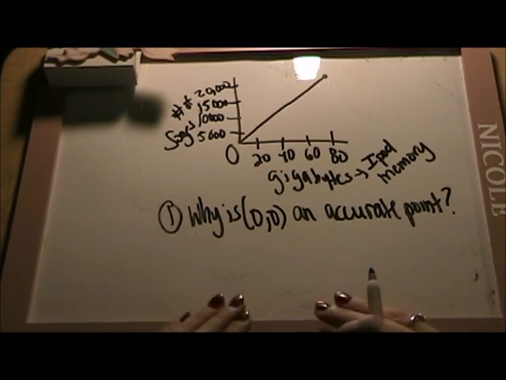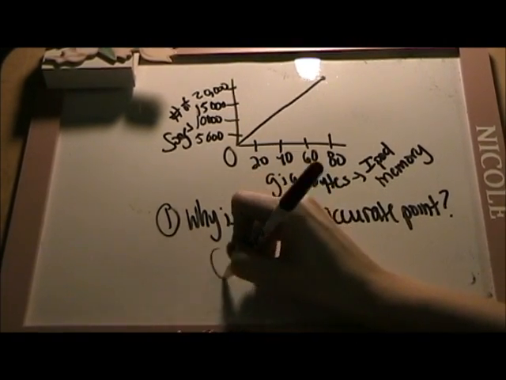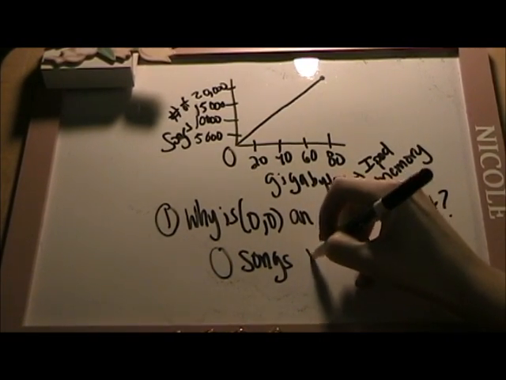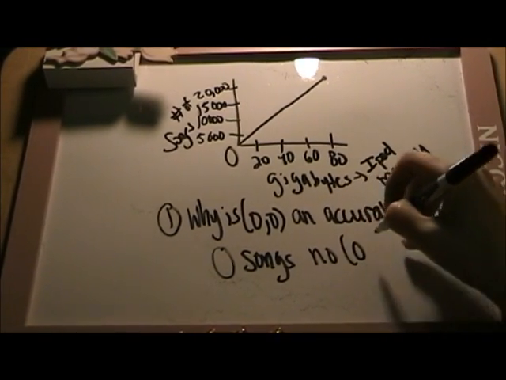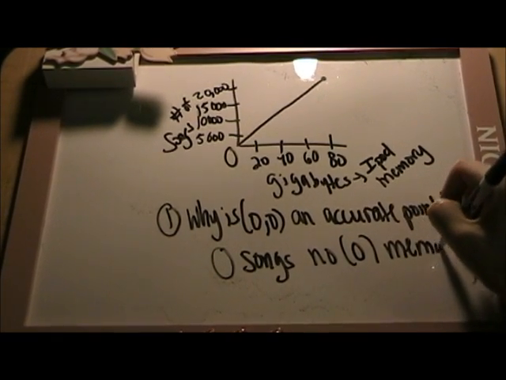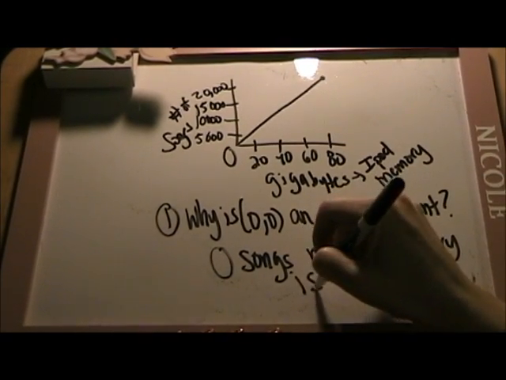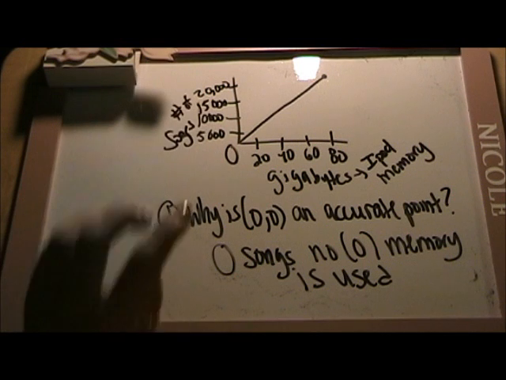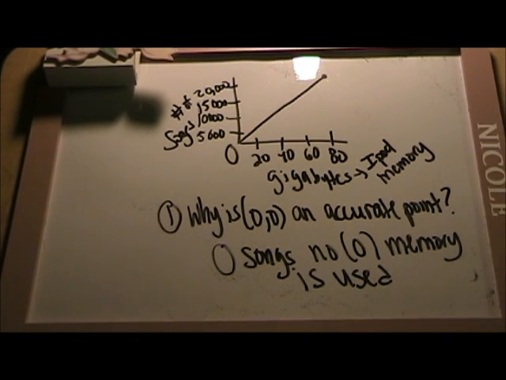We can say 0, 0 is an accurate point because 0 songs means no or 0 memory is used. So 0, 0 does exist in this type of problem. If we have 0 songs on our iPod, it wouldn't be taking up any gigabytes. As we add songs, then it takes up gigabytes. So that is why we're increasing.